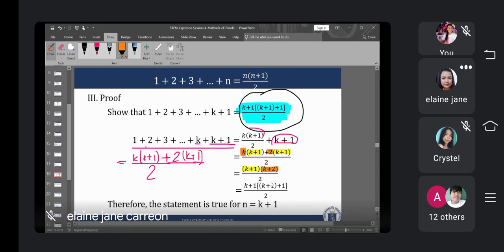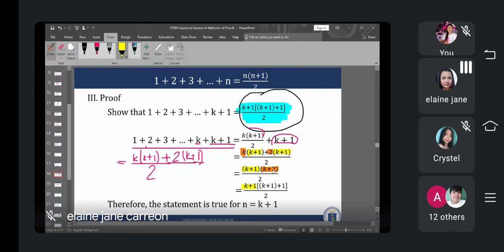Over 2. Now, i-factor out natin si 1 or i-factor natin si 2 para makuha natin yung original. Remember, we are trying to get this part, the original formula na ginawa natin so that we can show that n is equal to k plus 1. Okay? Now, we factor out 1 plus 1. So, ito si k plus 1. Okay? Ito yon, k plus 1. Sinulat lang natin.